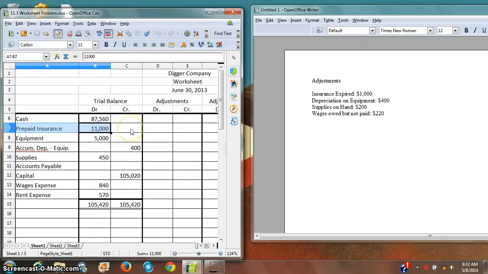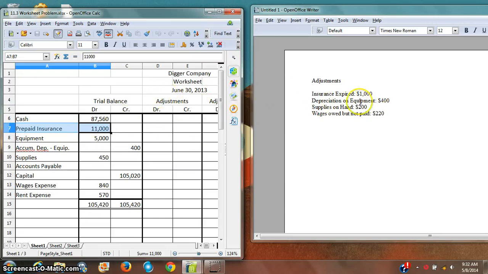I purchased $11,000 worth of insurance. I'm not going to have to pay insurance for probably another year here almost. But every month I need to acknowledge that some of my expense for this month was paid in the previous period. So I've got to log that in the adjustments column.